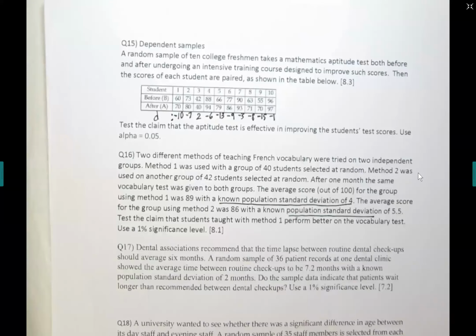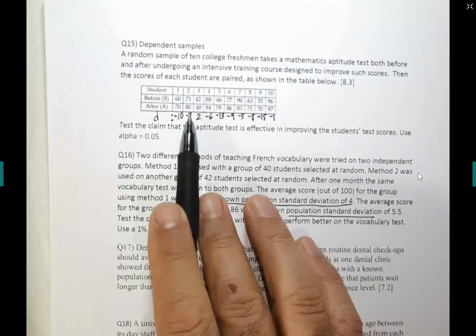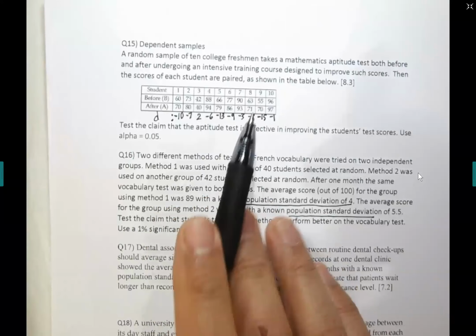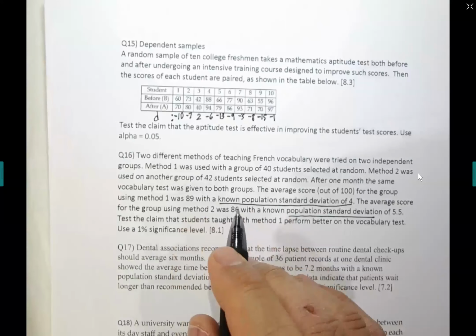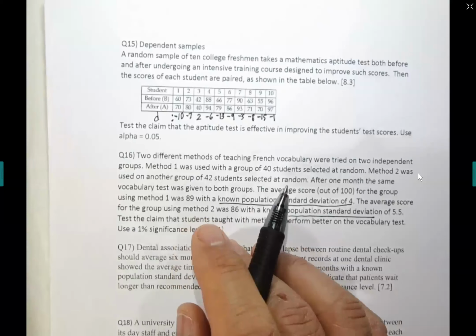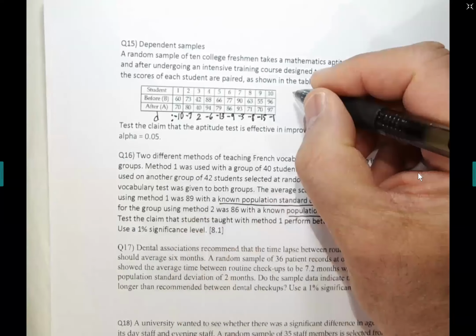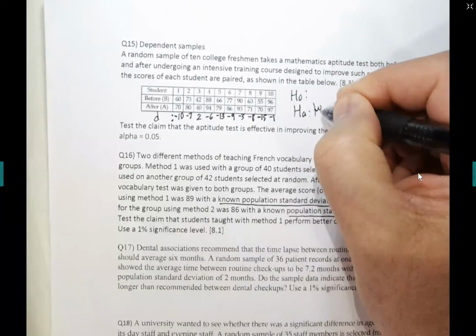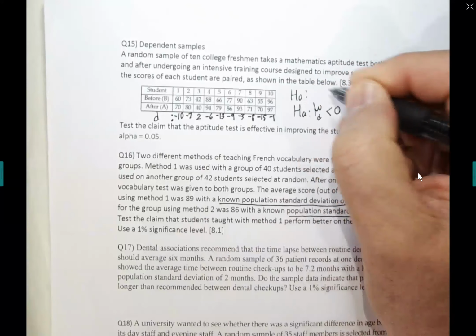And the other hint that you can see is what the signs that you're seeing here. So we're testing that mu d is less than 0. I know every time you see a word increase, guys, you go against it when you do dependent sample, so you do less than 0. So here, guys, HO, HA, we're gonna need to test that the mean is less than 0.